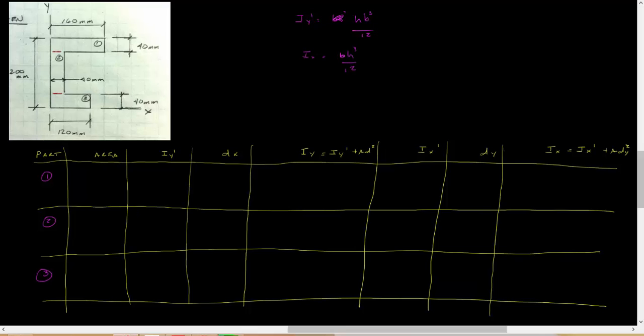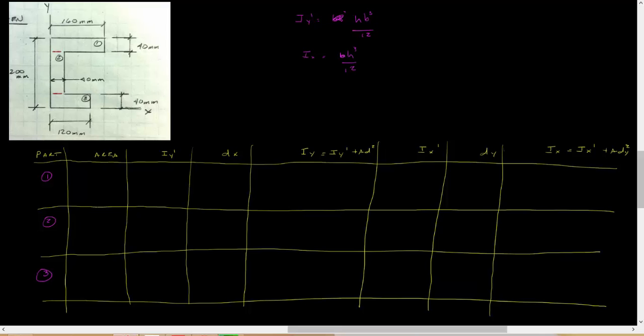Then we're just adding the area times the distance from the axis that we're looking at to the centroid of each one of those pieces. So let's go through this example and try to get some questions answered.